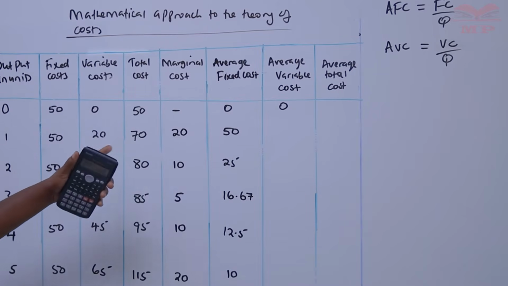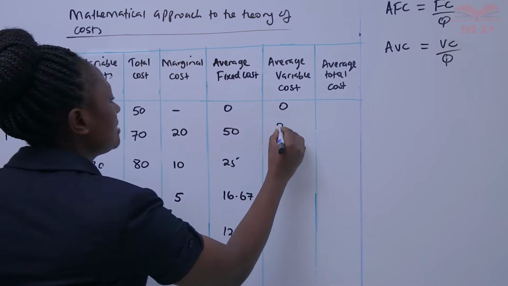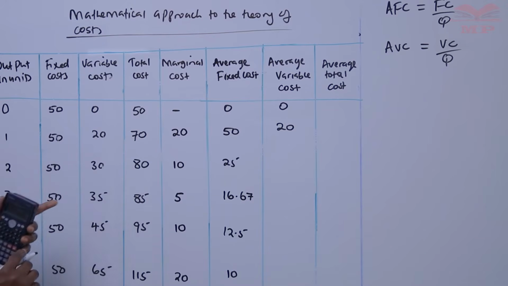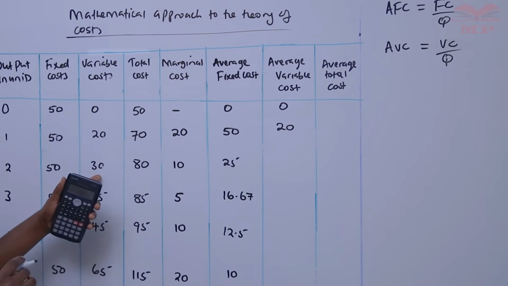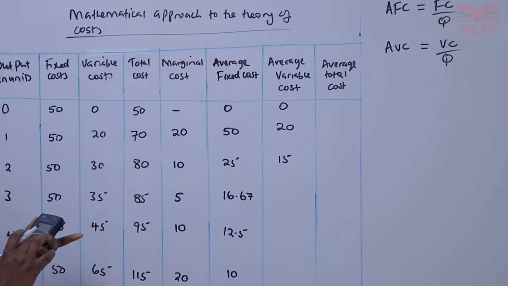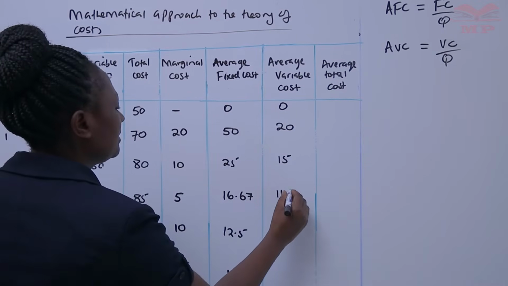To calculate the average, we are taking 20 divided by 1, which will give us 20. For the second unit is 30 divided by 2, which equals 15. For the third unit, we have 35 divided by 3. And this is equal to 11.67.